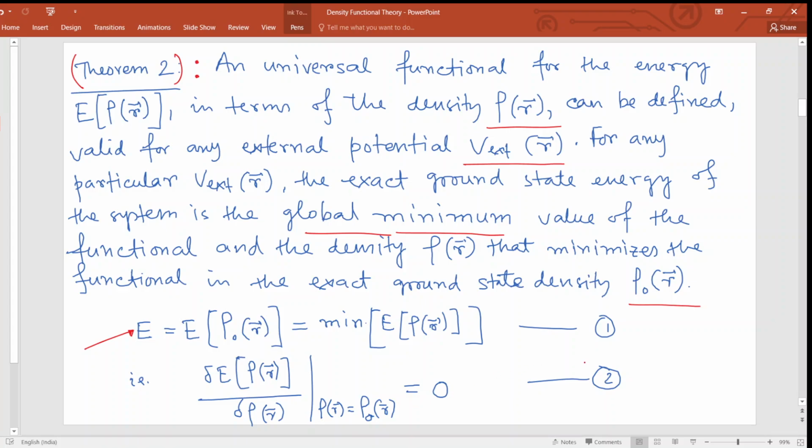Okay, so we have these equations 1 and 2. By solving these two, we can actually get the value of the ground state electron density and the ground state energy, which are the two basic parameters, and from there we can calculate further whatever other useful quantities are required as per one's requirement.